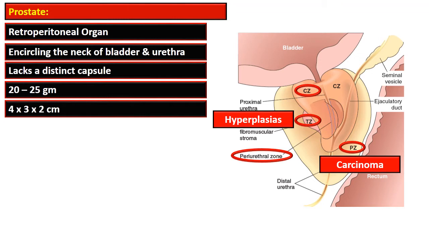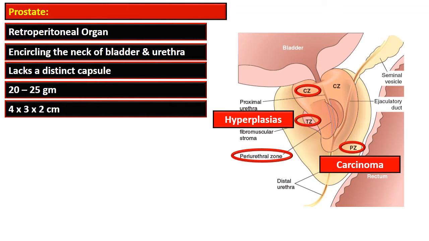The transitional zone comprises about 5% of the prostatic volume, and these are 2 pear-shaped lobes that surround the proximal urethra. And here 10% of the prostatic carcinoma can arise.